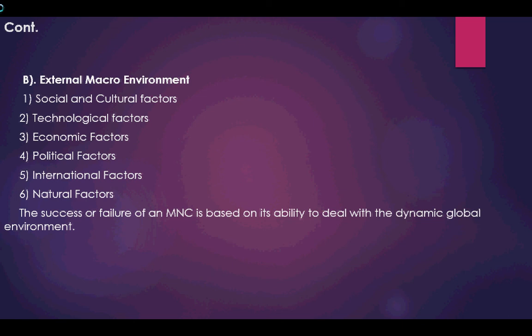As we know, the success and failure of any MNC, multinational company, is based on its ability to deal with all these dynamic macro environmental factors. So now let's discuss in detail all these external macro factors which affect the business.